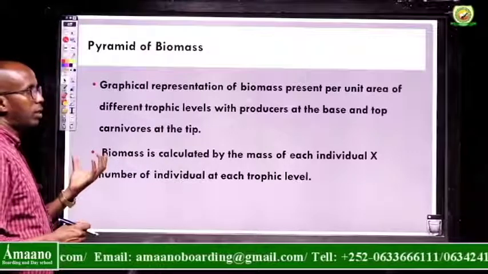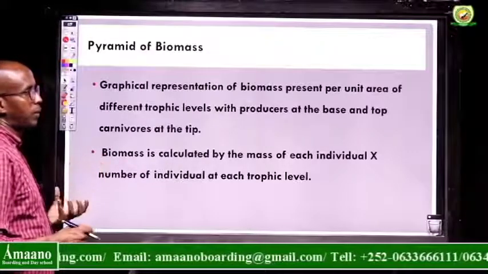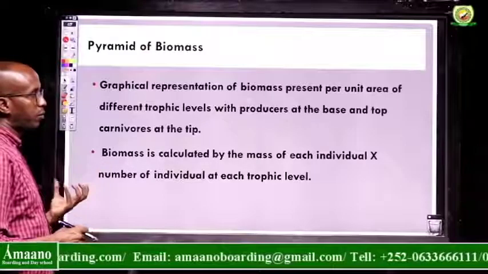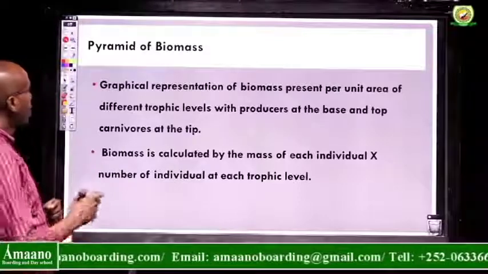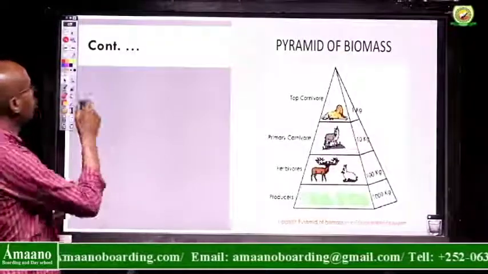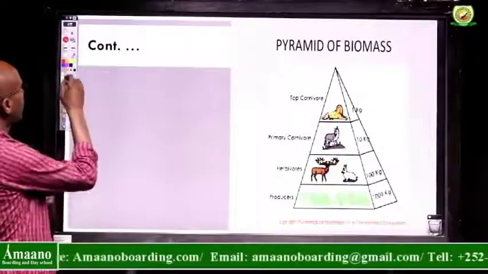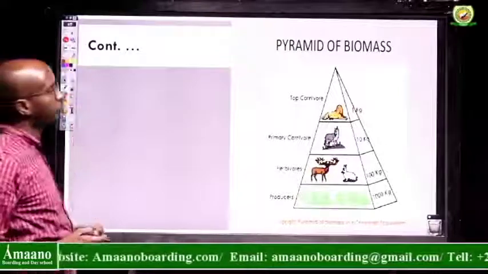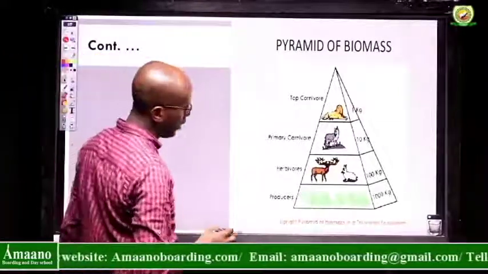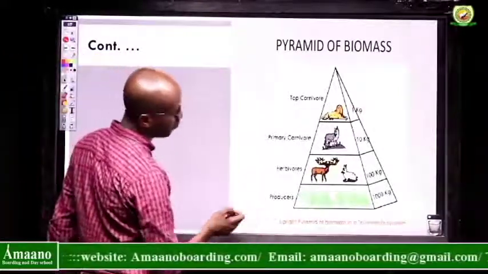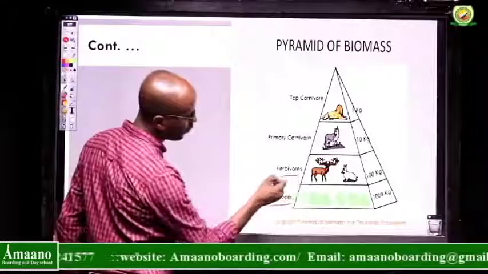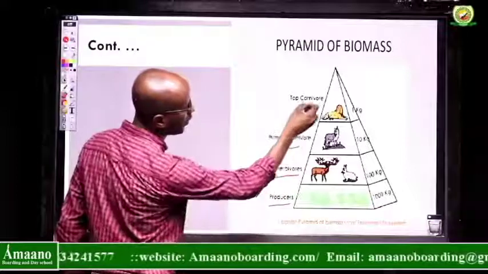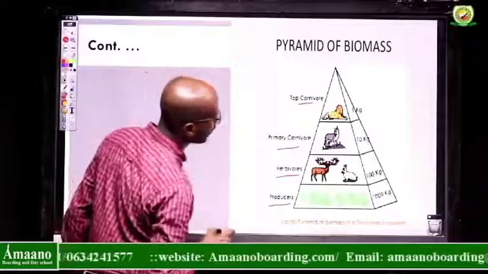So let me give you one thing from here. You see, this is a pyramid of biomass. Here we have producers, herbivores, carnivores, and top carnivores.